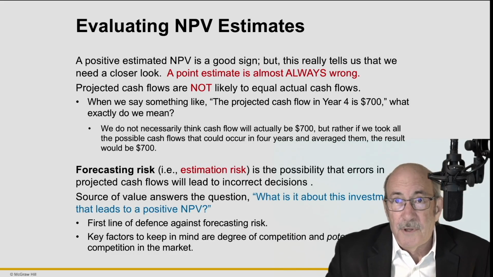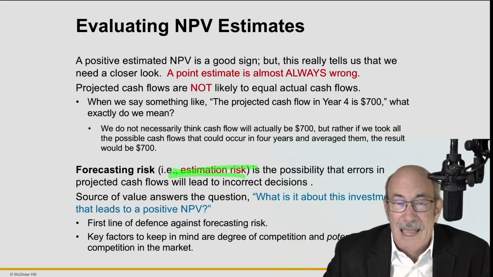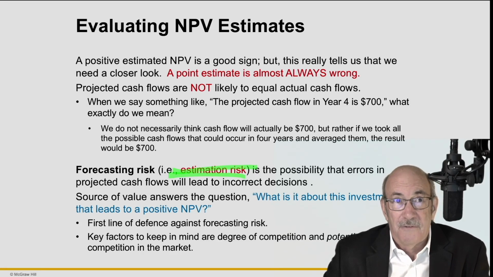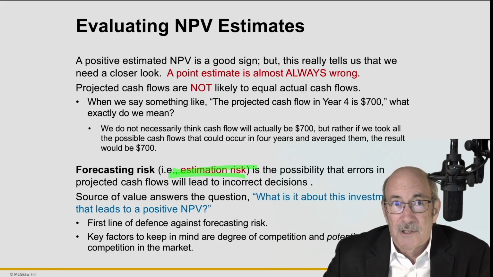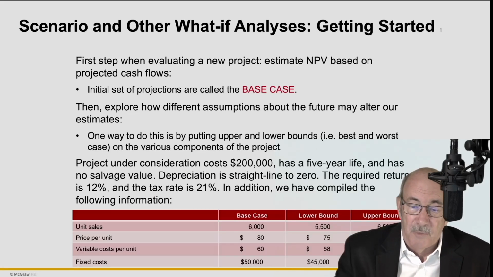What we're really dealing with is this estimation risk right down here that they mention on this slide, and the fact of the matter is that we're trying to predict the future, and it's a very difficult thing to do. So we want to do it with some sort of humility and understand that our estimates are probably off. So we're going to put some sort of analysis toward trying to eliminate that, or at least reduce the effect of that risk on our estimates.